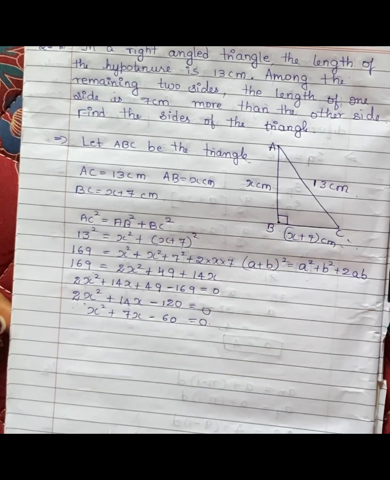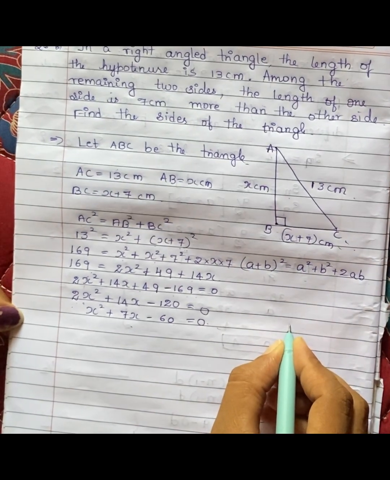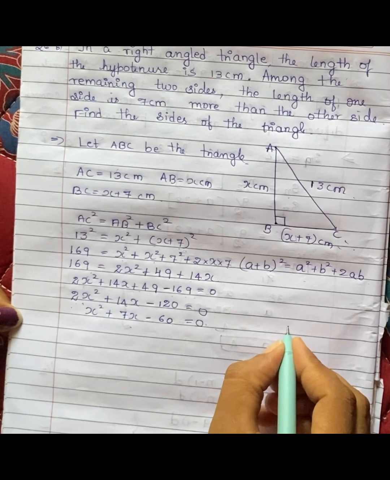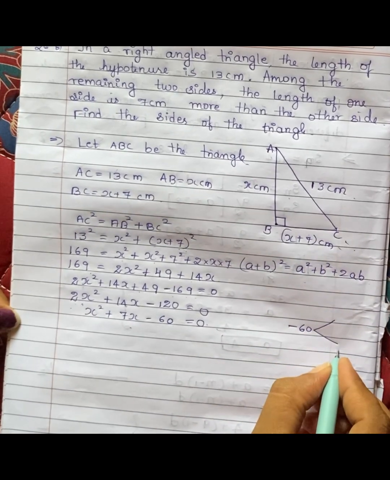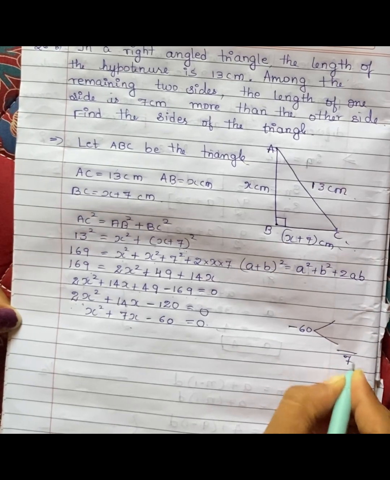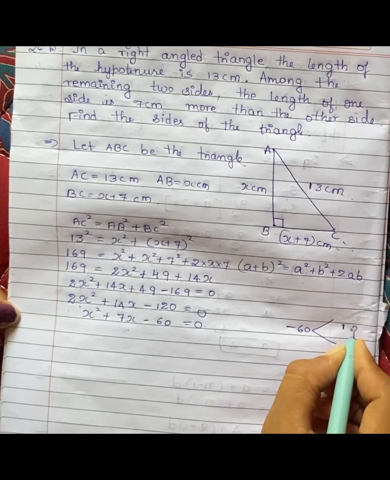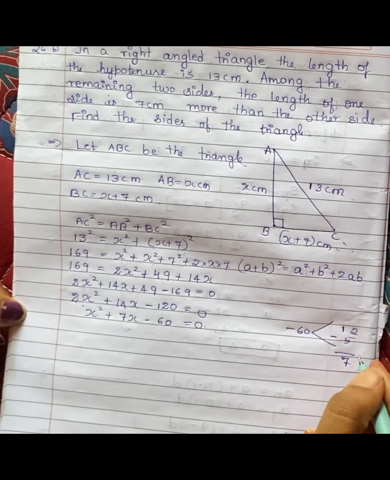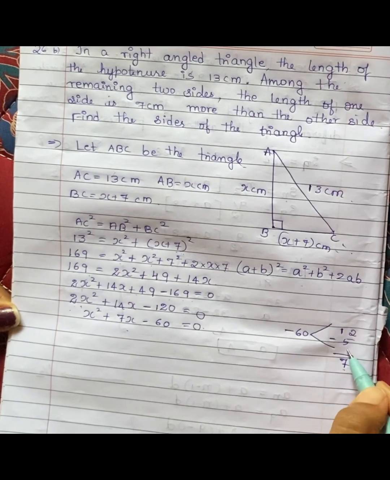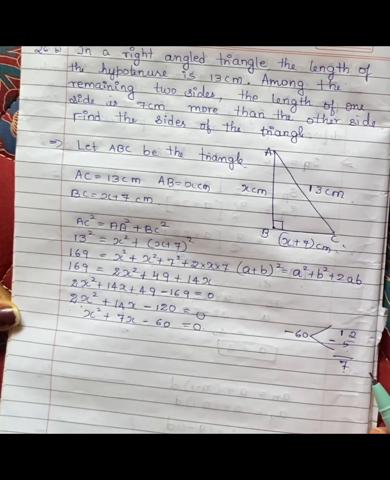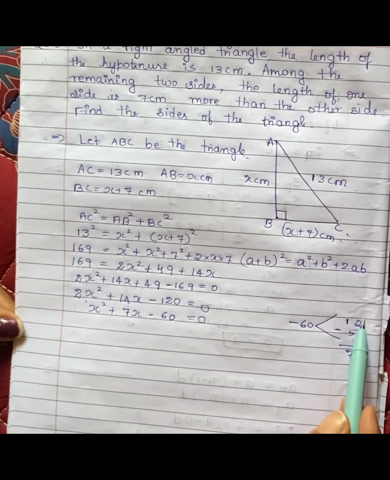Now I'll use the same method we used for the last questions, that is when we multiply we should get minus 60, when we add we should get plus 7. So the values are 12 and minus 5. So when we add 12 and minus 5 we get 7 as an answer. When we multiply this we get minus 60 as an answer.